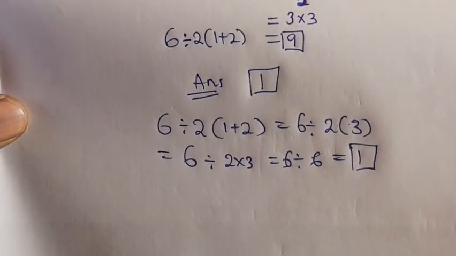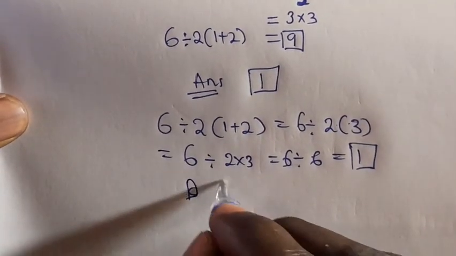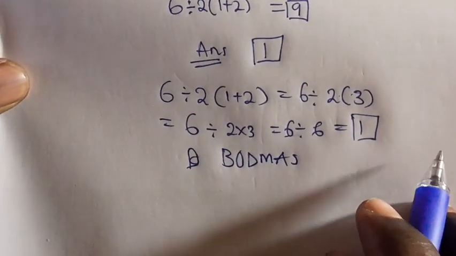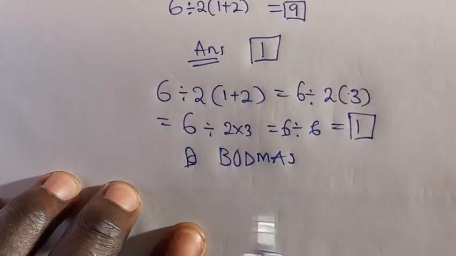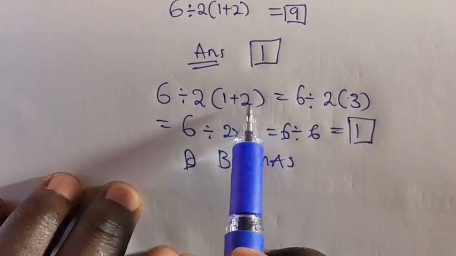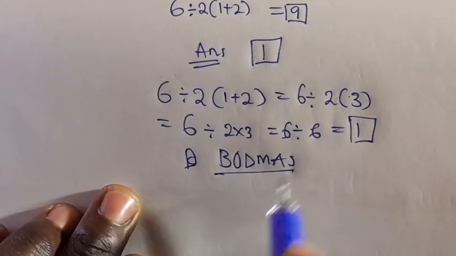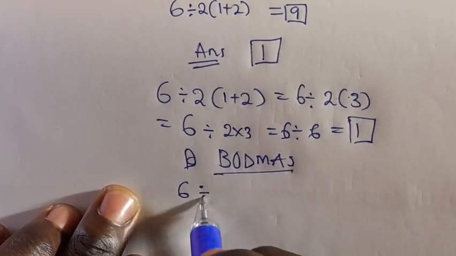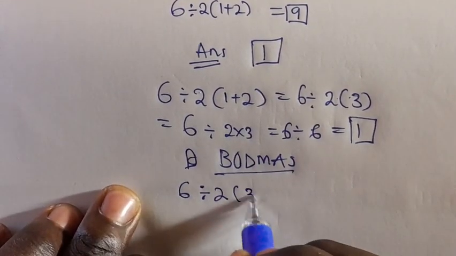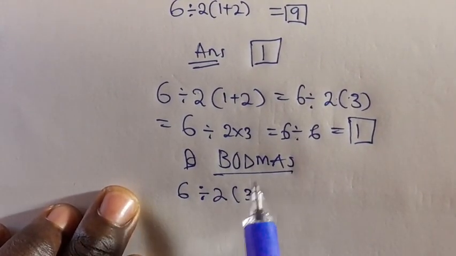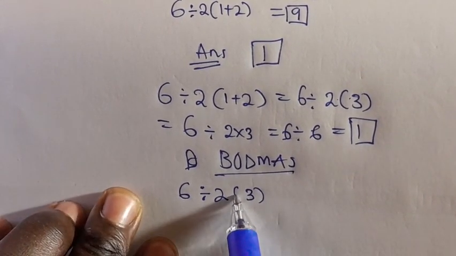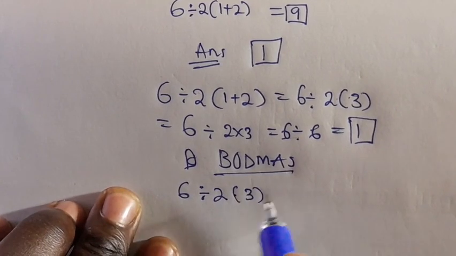Now let us check for the BODMAS. In the case of BODMAS, when we deal with bracket, we are going to go along with this. In the case of BODMAS, we are going to have it to be 6 divided by 2, now we have this one to be 3. So from here you have bracket. Then we are going to open the bracket.